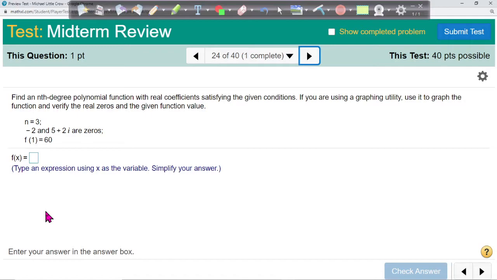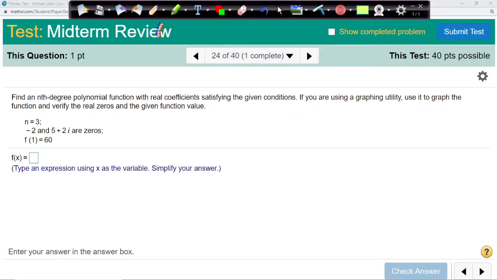Here we're supposed to find a function that fits this situation. We have n equals 3. So what we can write with what we have is our function has to be of the form f of x, some potential number a times x minus the first 0, x minus the second 0, and x minus the third 0.